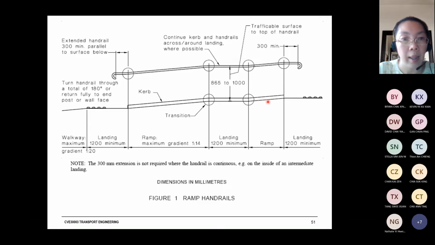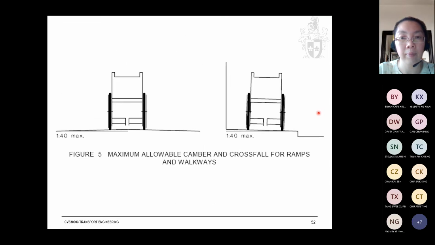We also see this, the tactile ground surface indicator. We'll see more in the slides after this. And for crossfall, 1 in 40 max. If the crossfall is sloping on one side only, it's also 1 in 40 max.